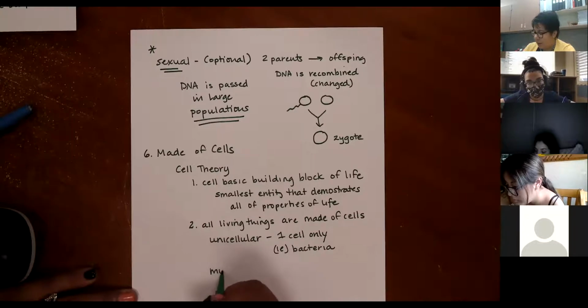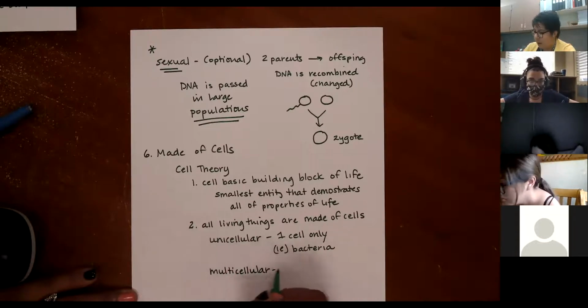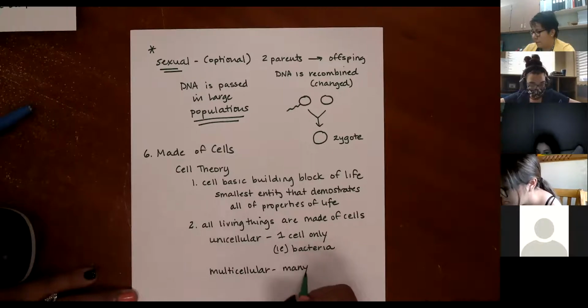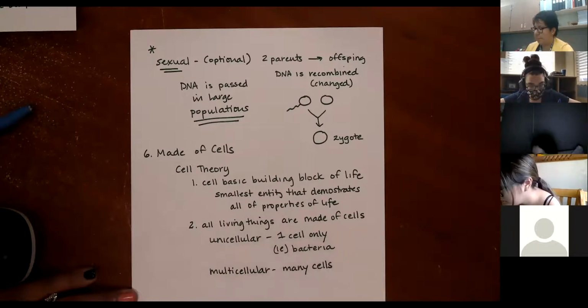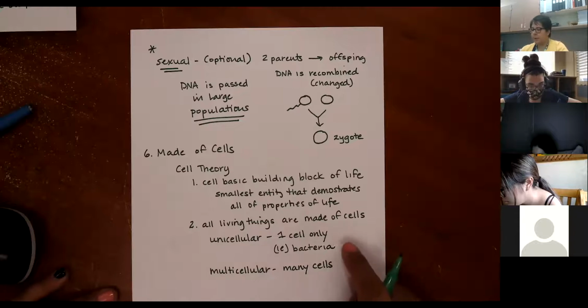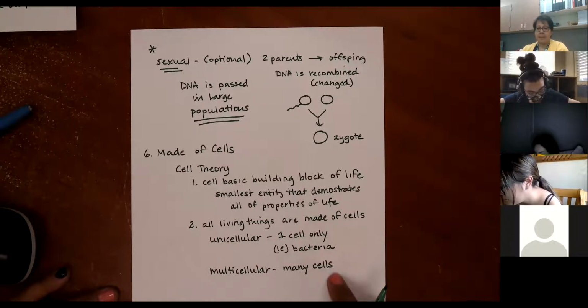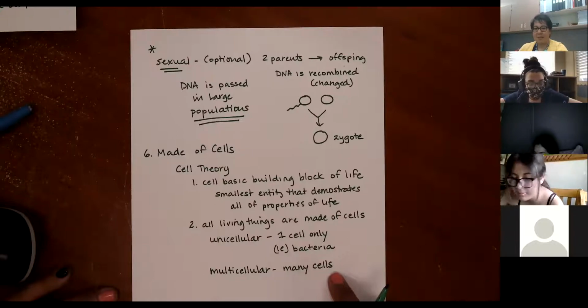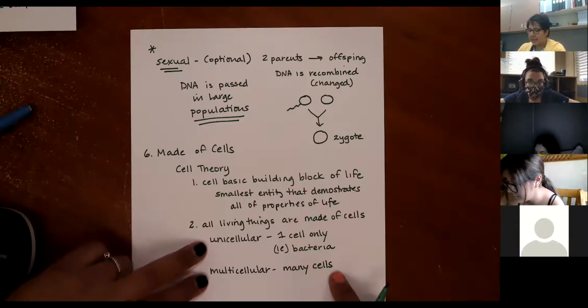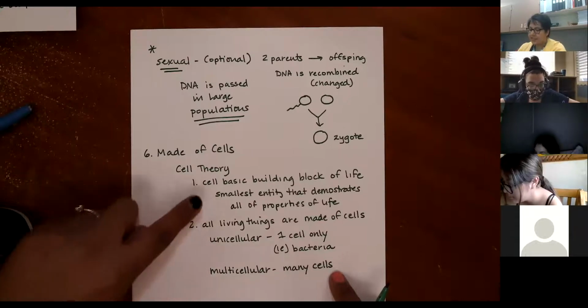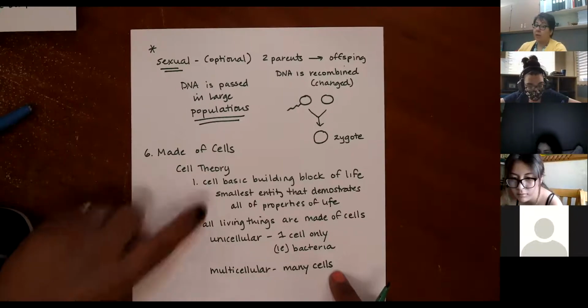But then you and I, we're made up of many cells. We are multicellular. So all living things, regardless of what they are, can be one cell big or many cells big. But the idea is that living things are made of cells because that's the smallest thing that can demonstrate all of the properties of life.